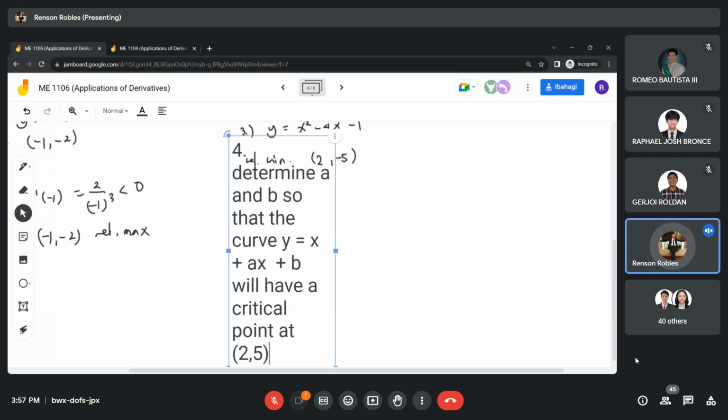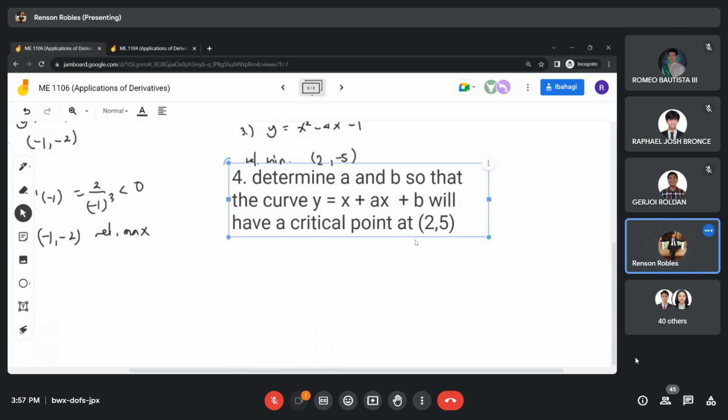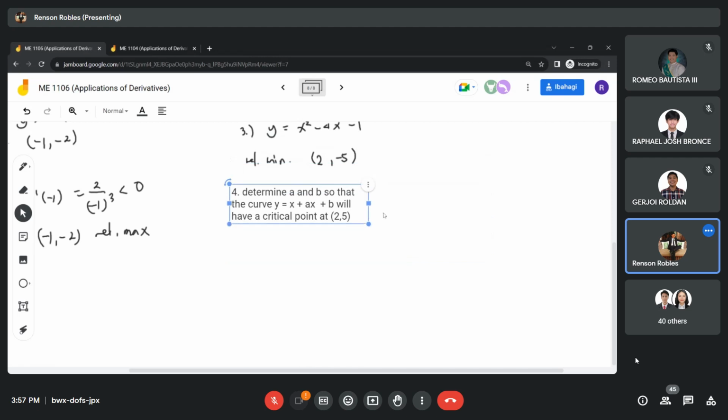Okay, you mark the keywords. You have critical point at 2,5.